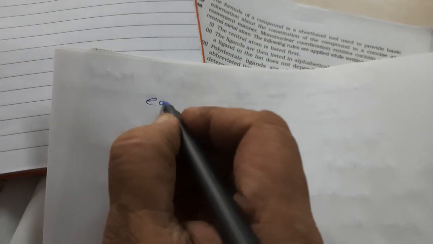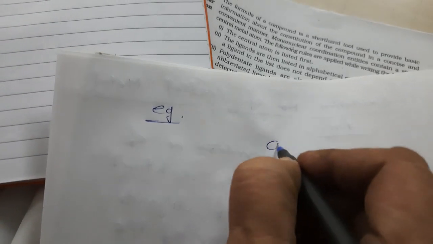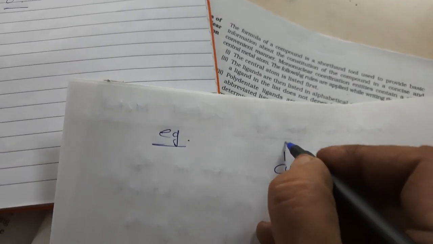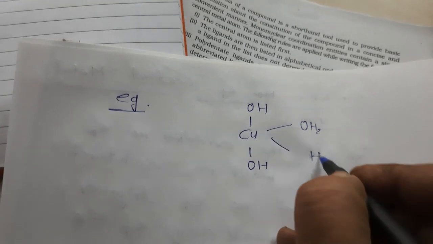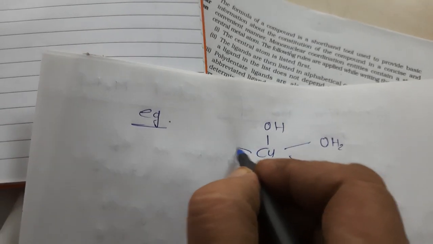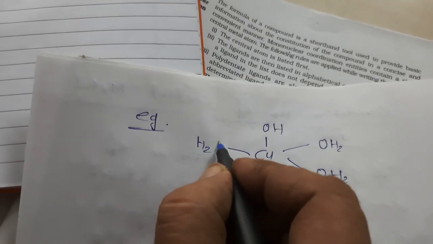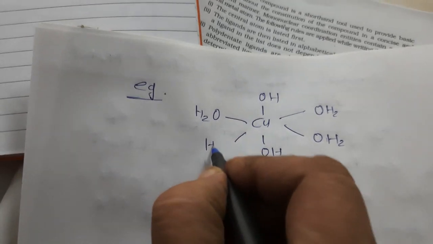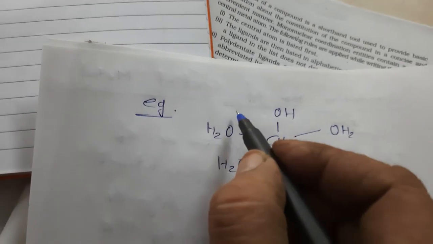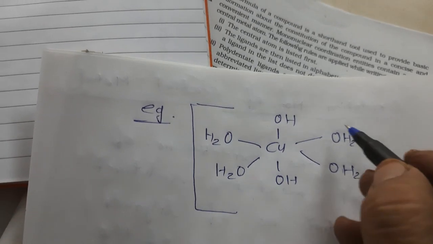Second example is Cu with OH, OH, then H2O, H2O, H2O, H2O, but there is no charge.